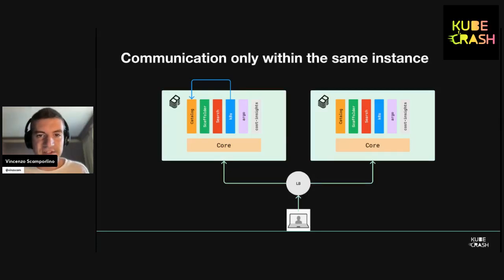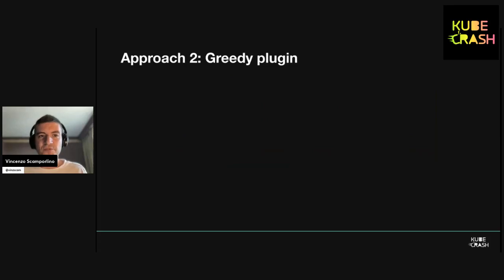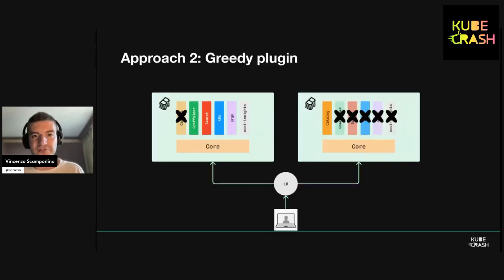There is another interesting approach. This is useful in case you have a specific plugin that consumes more resources, a plugin that deserves very special treatment. In that case, you can move that plugin out from the main instance.